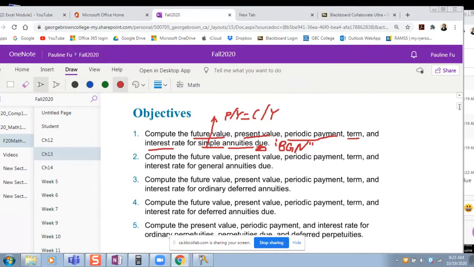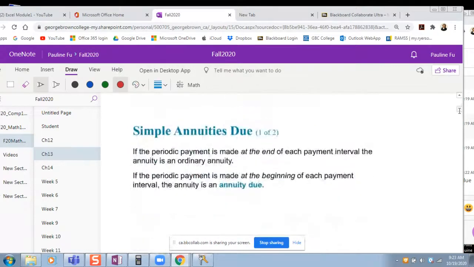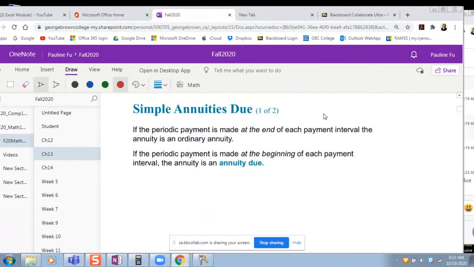So this lecture will study annuity due. Session 1, simple annuity due. If the payment is made at the end, that is an ordinary annuity.